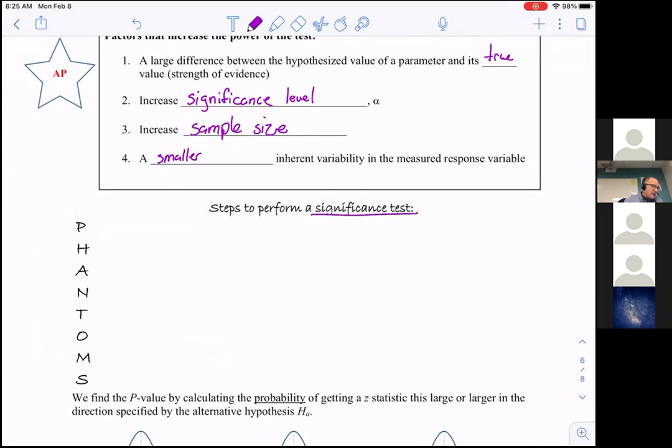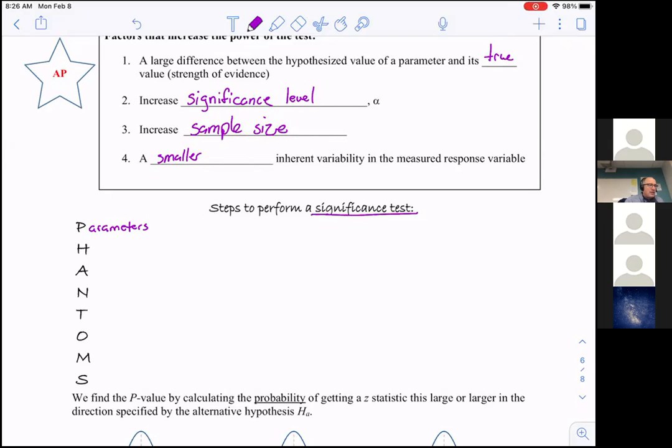Now, when we created an interval, we had an acronym to go by. It was PANIC. The acronym that we're going to go by in conducting a hypothesis test is PHANTOMS. Again, we're going to list all the parameters. This one is much easier on a hypothesis test, because as soon as we write our hypotheses and say that p equals 10%, we have to define what p is. That has a more natural flow to it than when we do the parameters inside of an interval.